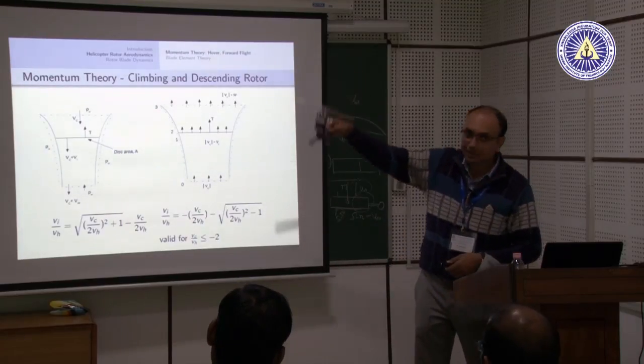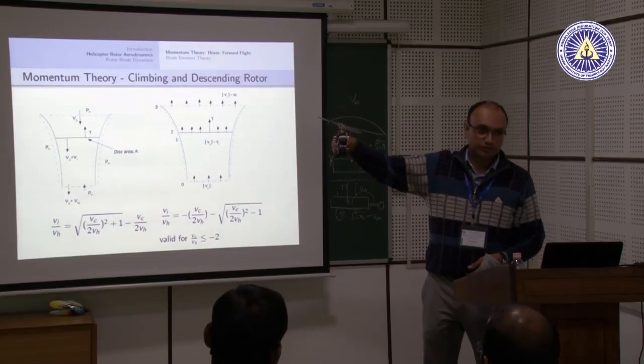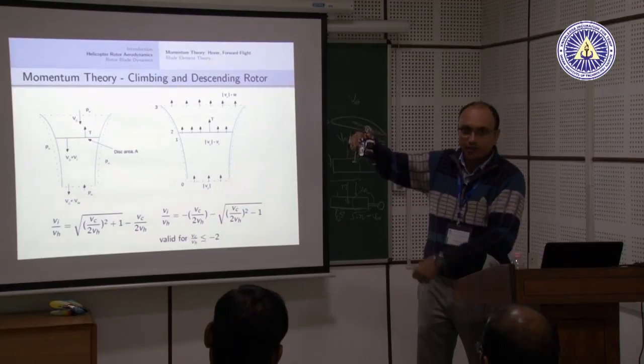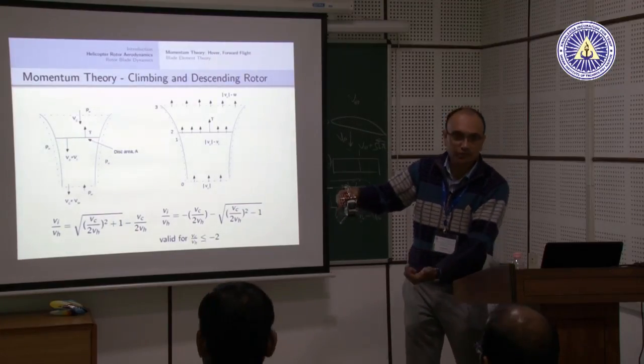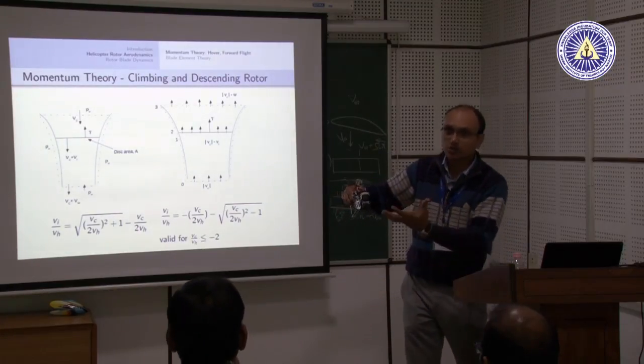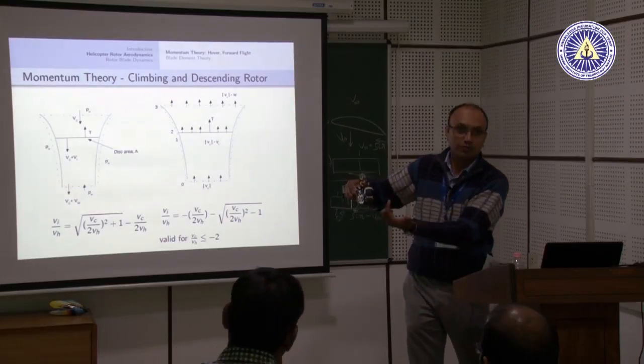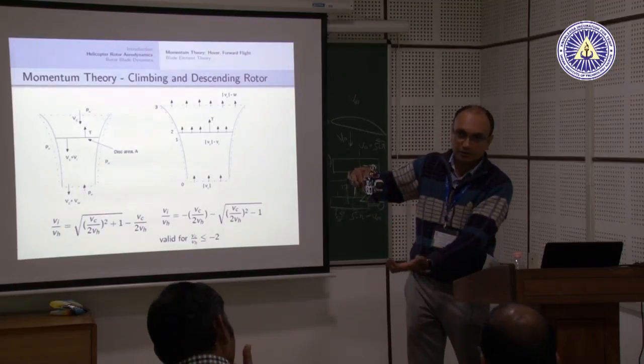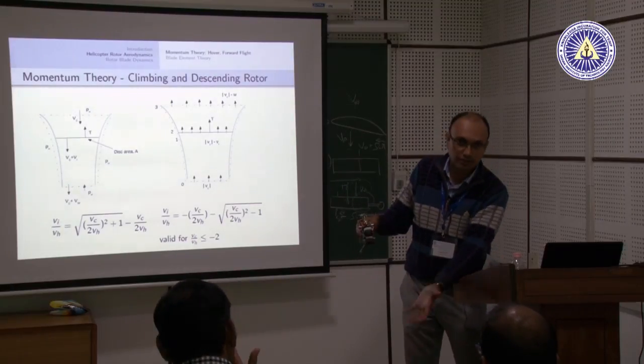But when I start descending, there is an issue. And what is that issue? My rotor is trying to push the air downwards, but my helicopter is trying to go down. As a result, the relative velocity of air with respect to the helicopter is from down to up. The rotor is pushing air from up to down, and because of the motion of the helicopter the air is coming from down to up.